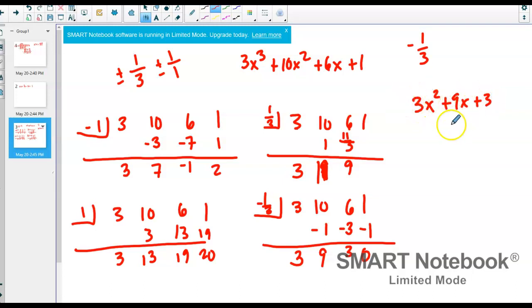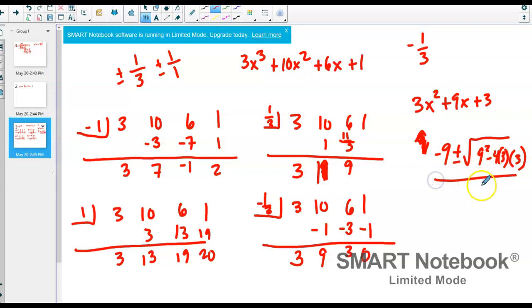I need to factor this, so I'm going to multiply a and c together, which gives me 9. I need two numbers to multiply to 9 and add to 9. Well, if I think about that, there's probably not two values, so I'm going to use the quadratic formula. So we're going to go negative 9 plus or minus the square root of 9 squared minus 4 times 3 times 3, and then that's going to be all over 6.